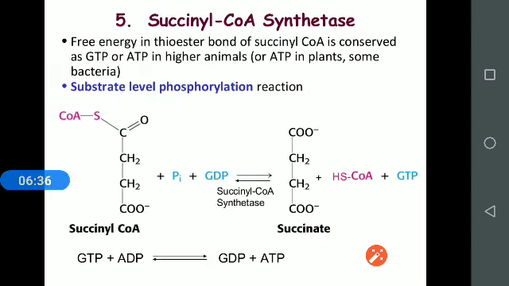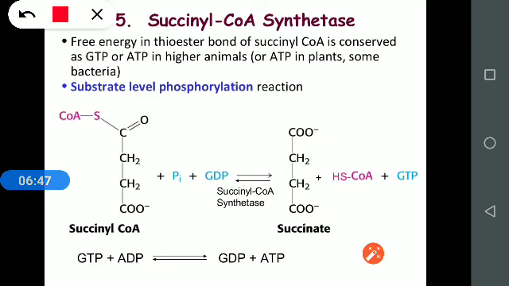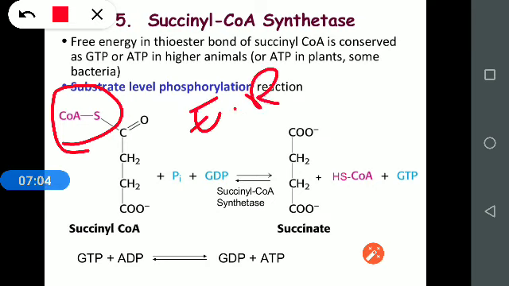Next, succinyl CoA synthetase. In this, succinyl CoA will convert into succinate. Here the free energy of the thioester bond of succinyl CoA is conserved as GTP. Already we have discussed that the thioester of CoA is an energy rich compound, in the table of energy rich compounds.